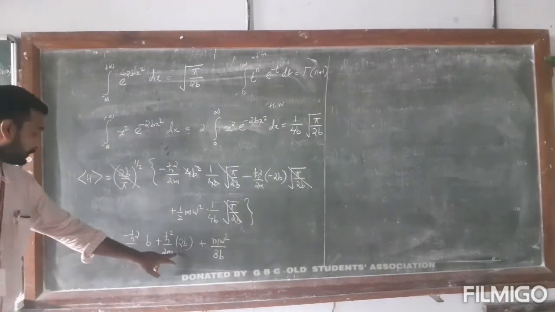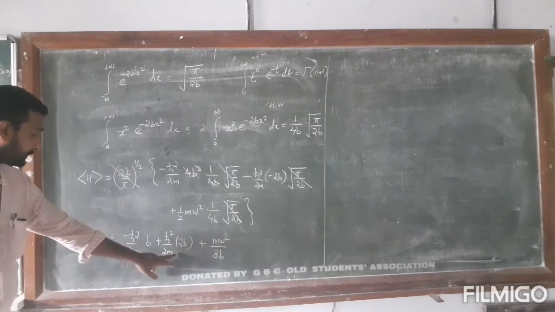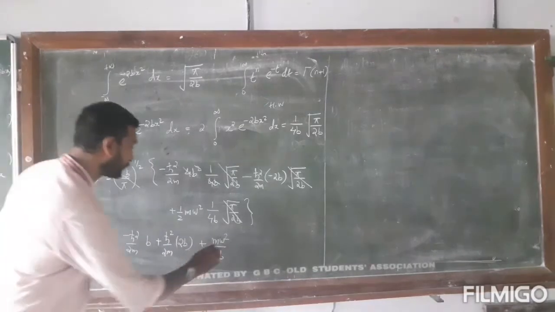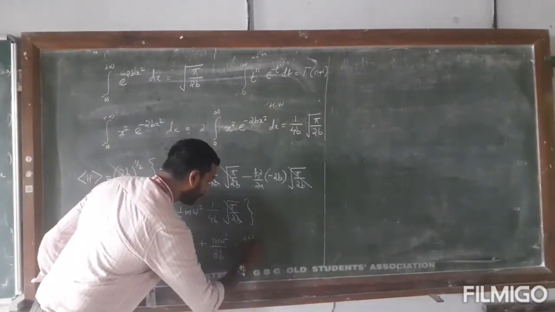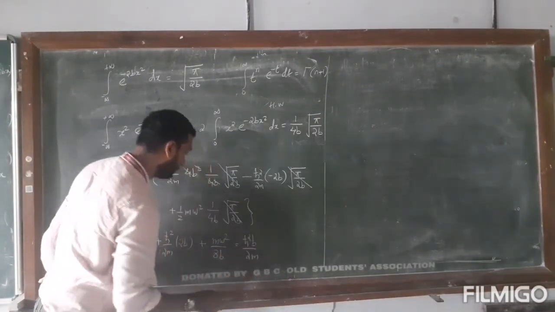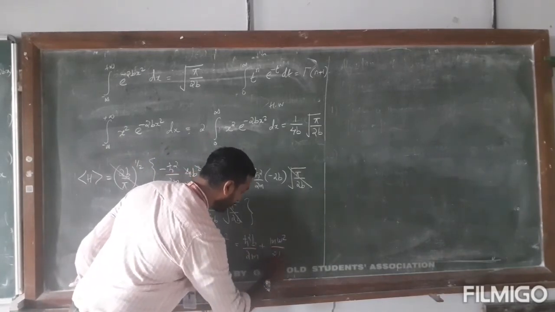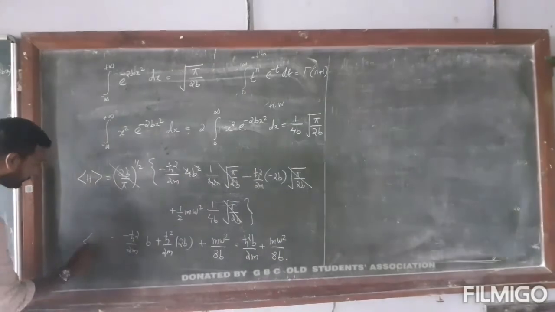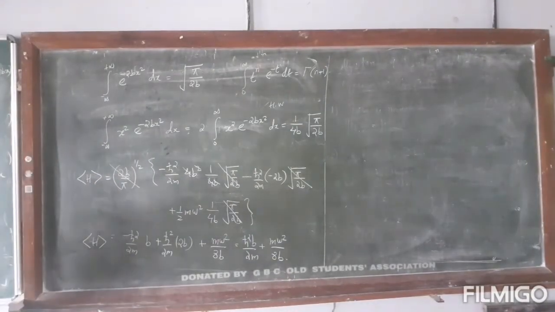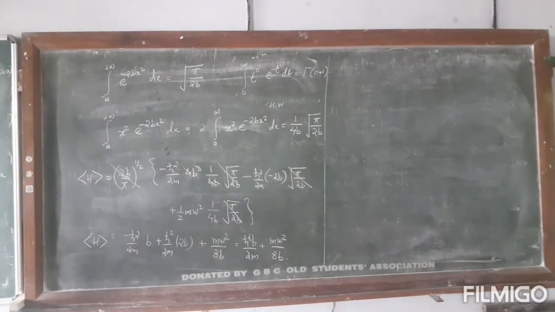So if you add these two, you will get plus ħ²/2m times b. So this would give ħ²b/2m plus mω²/8b. This would be your expectation value of the Hamiltonian in the trial function.